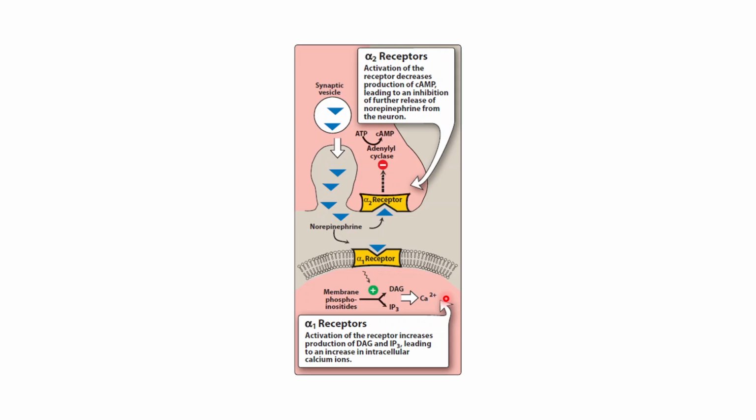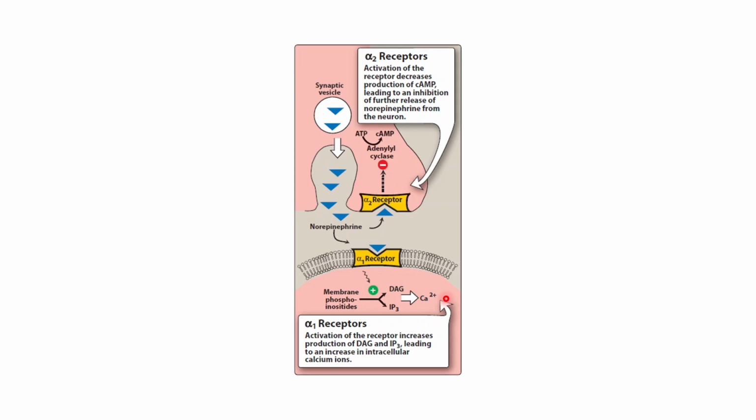Beta 1 are located in the heart, and beta 2 are located in the vessels, only in those vessels that provide blood for the skeletal muscles.